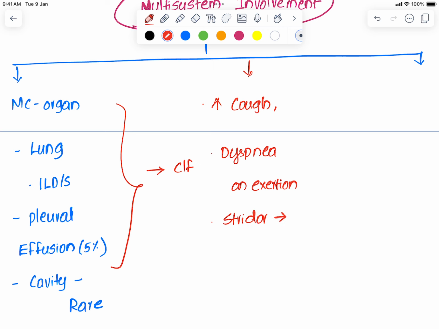Because of compression of the airway by bilateral hilar lymphadenopathy. And along with this dyspnea, these patients can also have night sweats.